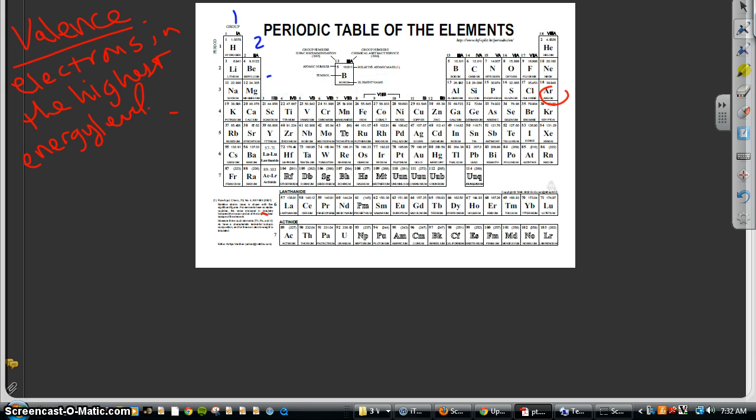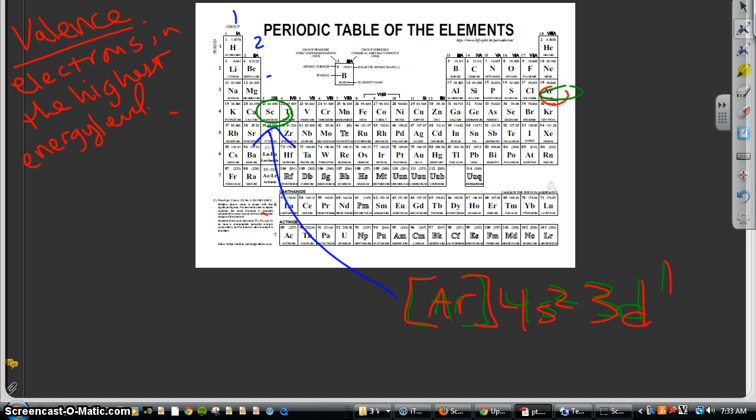Well, let's look at scandium, for example. Scandium has an electron configuration using a noble gas shortcut of, you'll start with argon, and then you go to 4s2, and then we see that's 3d1. Argon 4s2, 3d1.